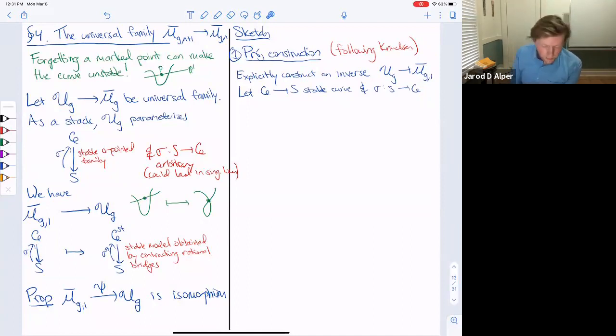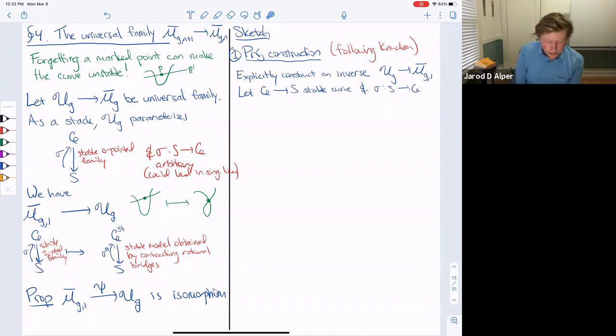So we have a map from M_{g,1} bar to U_g, and it associates to a family, which is now a stable 1-pointed family, the stable model obtained from contracting the rational bridges.